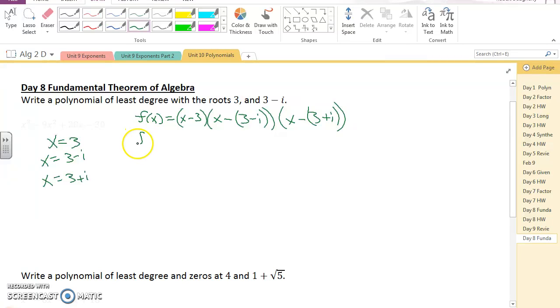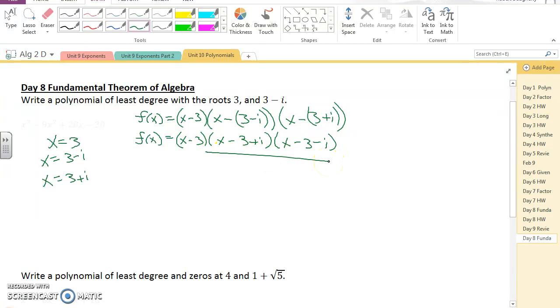So we can simplify it a little bit by saying f of x is x minus 3, and then x minus 3 plus i, and then x minus 3 minus i. So I need to multiply all these together. The easiest thing to do is to multiply those two terms.